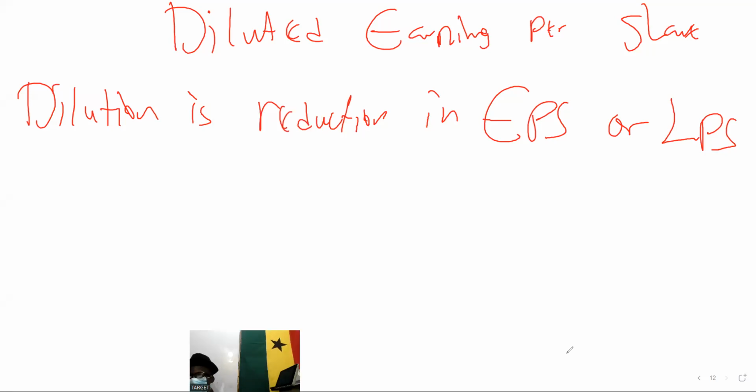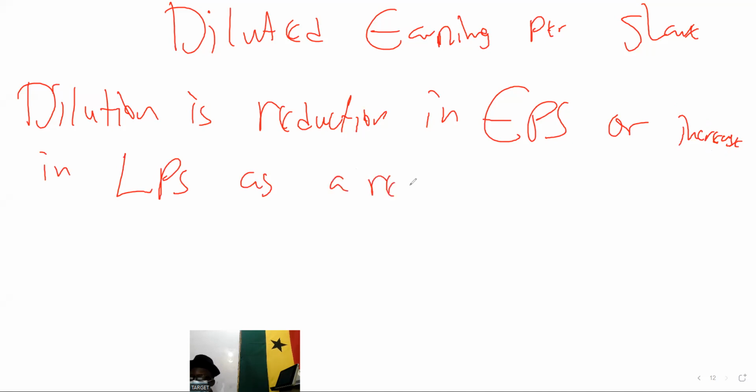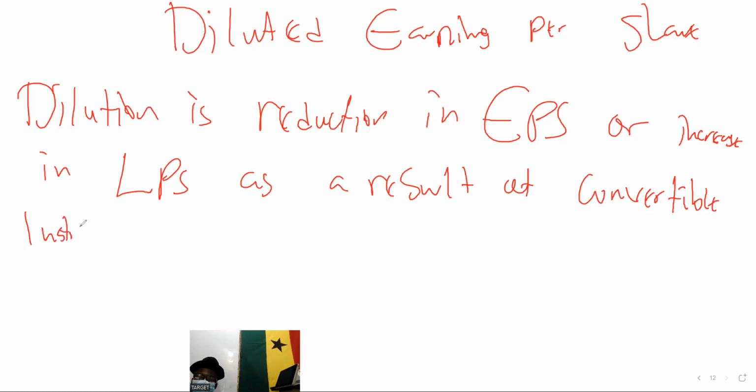So reduction in earnings per share or increase in loss per share as a result of convertible instruments being converted. That's all.